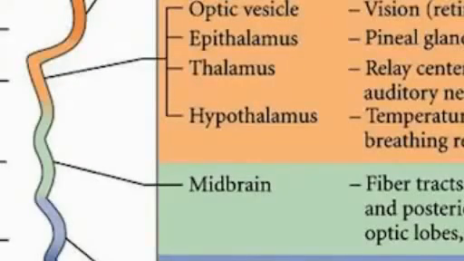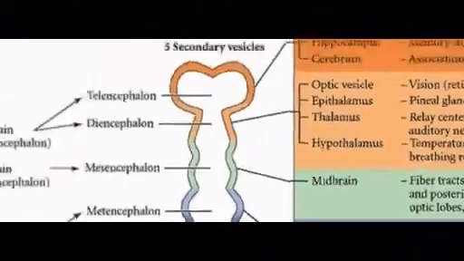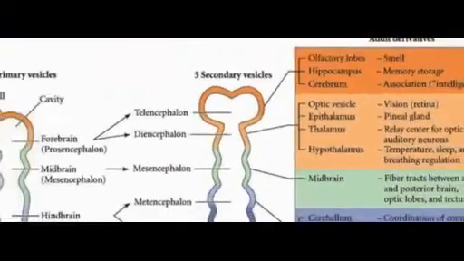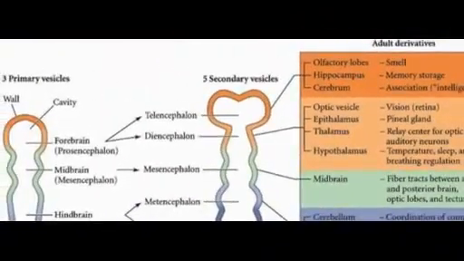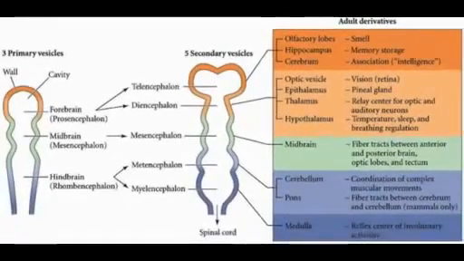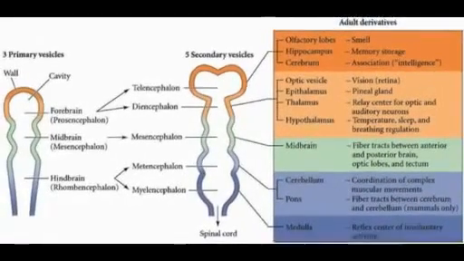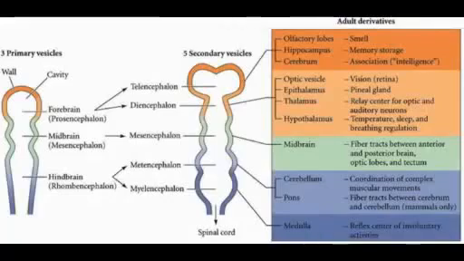This is number 8. Okay, in number 8, the chart gives you the origin of different parts of the brain.